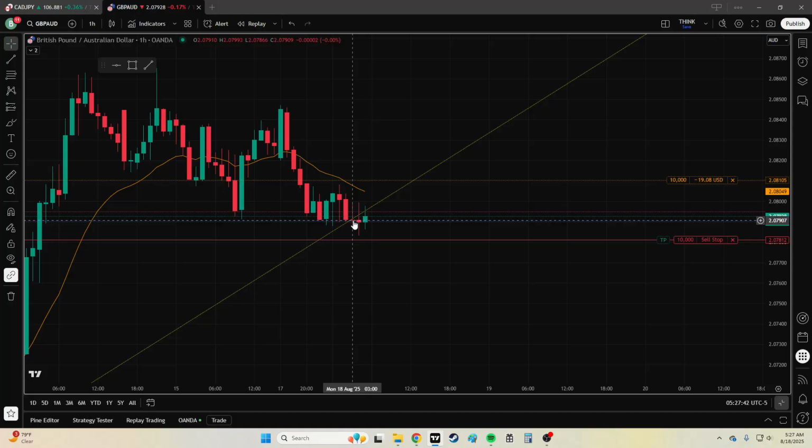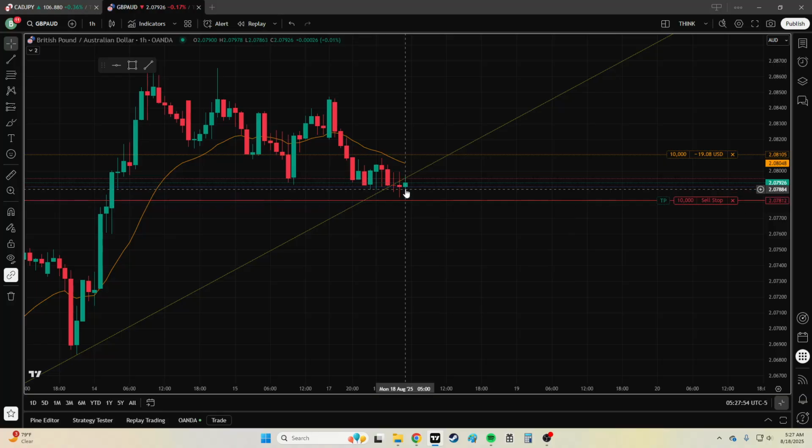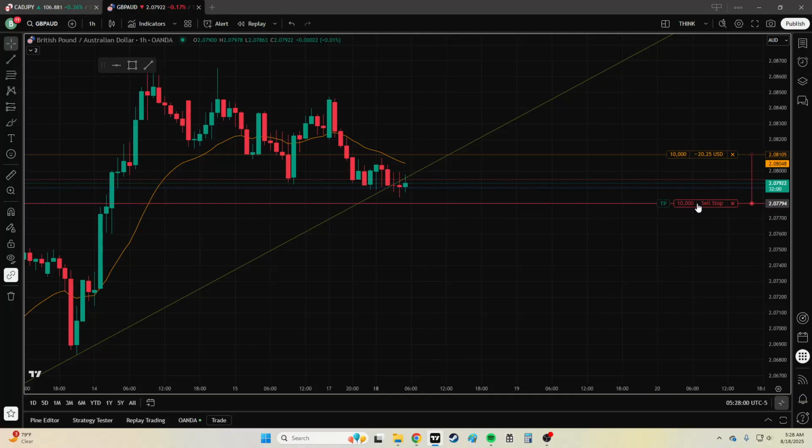Now, I don't entirely trust this for a number of reasons. I feel like it's because it's drifting and hasn't moved down sharply or anything. It could just go right back up. So what I've done here is put in a stop order, and I need to move this down just a little bit because the spread's a bit on the wide side.